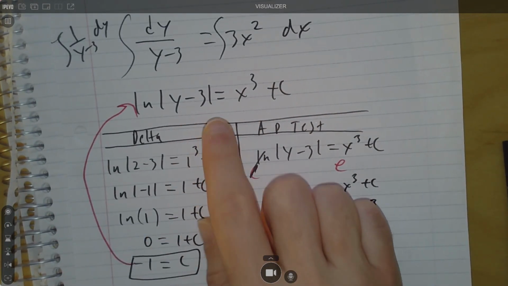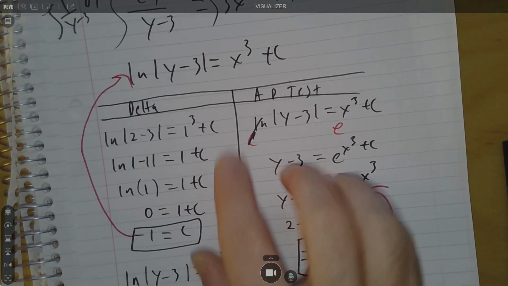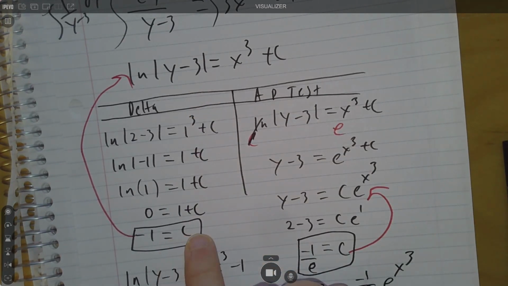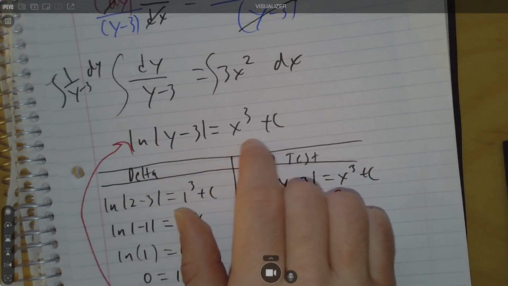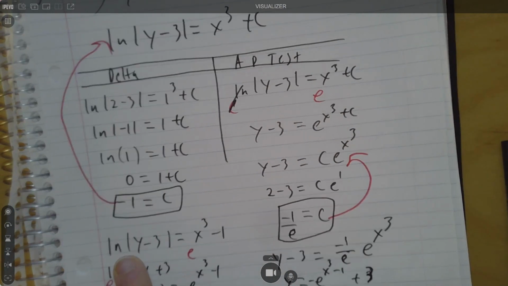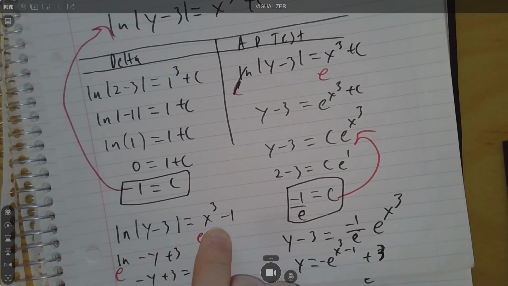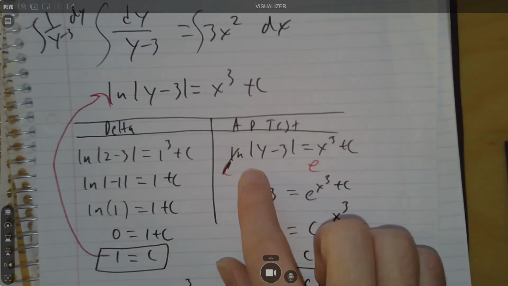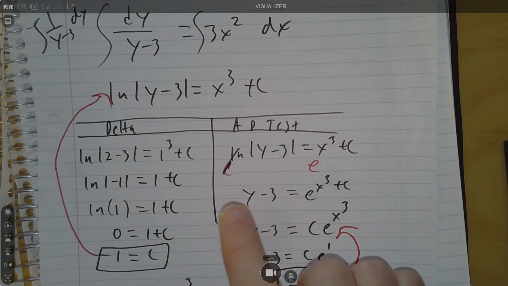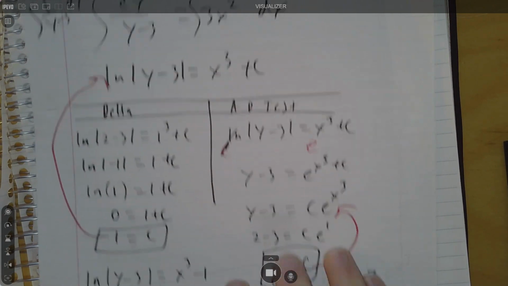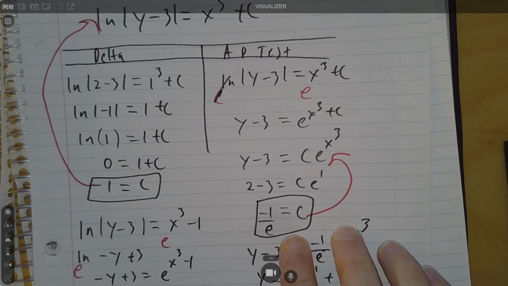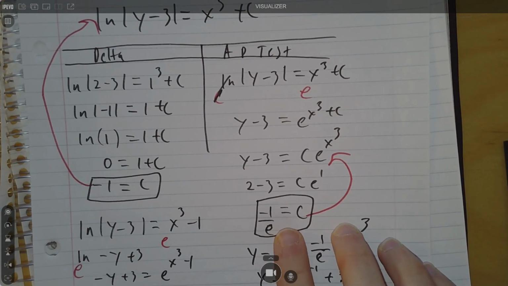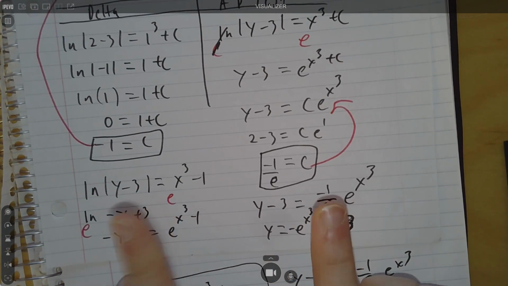You get your c. That c goes back into the original one. We have this new equation right here. That's one method. The other method is you rewrite this one, you exponentiate it now, and then you solve for c.